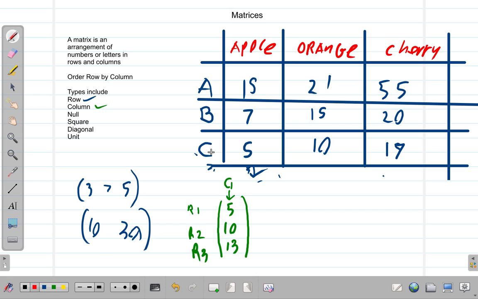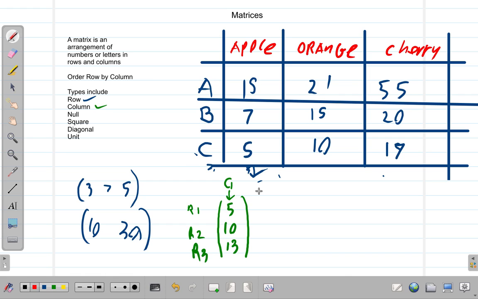Suppose now you have what is called the null matrix. What is that? Remember, if you did sets before, you would have done the null set, and it's the set that contains no elements. And by the way, each item in the matrix is called an element. Right? In sets, each number or letter that you write in the set is an element or member of the set.